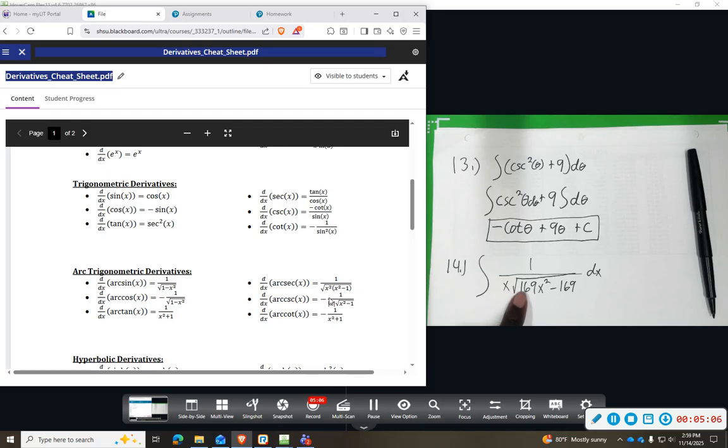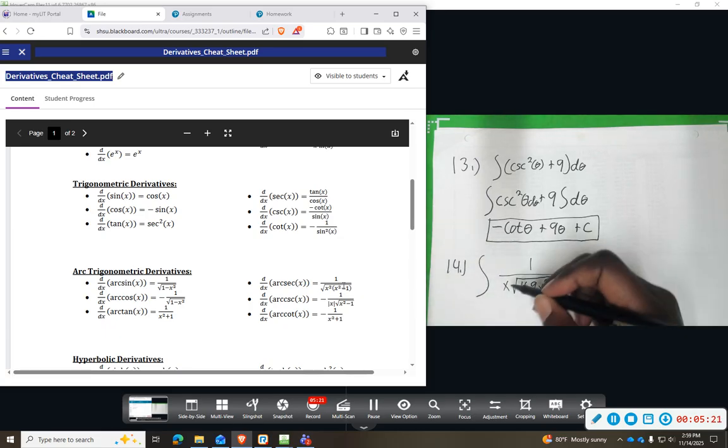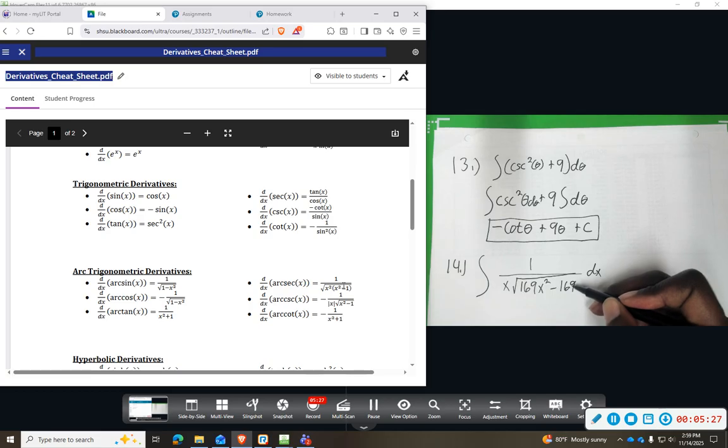That's what that could be, x squared. You can factor out the square root of 169 and have a constant. So yes, this one looks like arc secant. If you manipulated some algebra, the square root of x squared is x, so they just have that x pulled out.